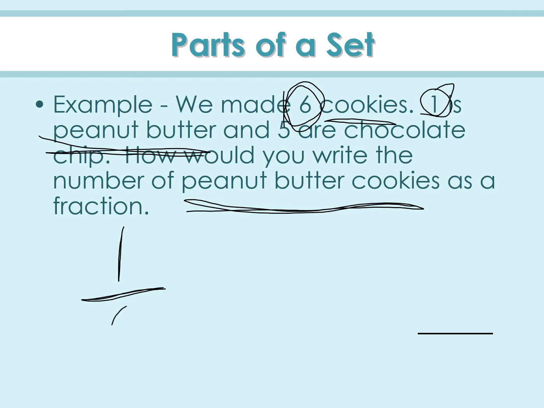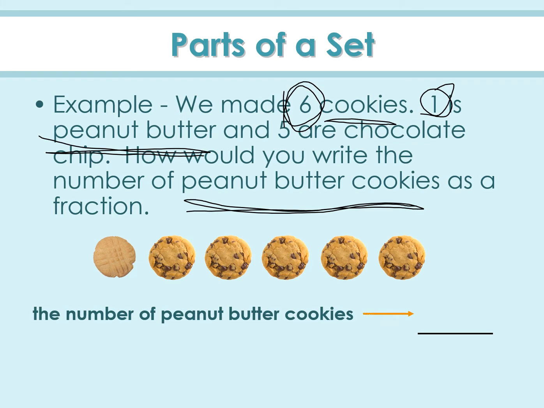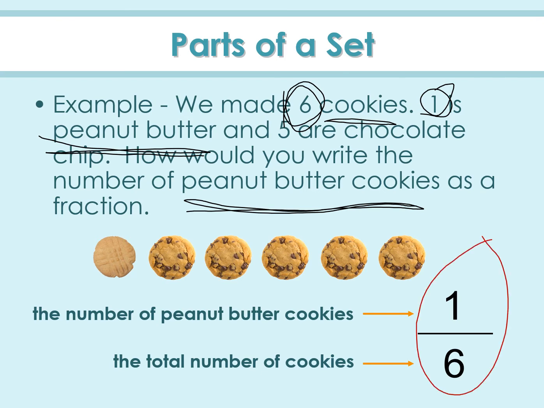And then 6 on the bottom of my fraction because 6 is the total number of cookies that I have. Let's see if we got the answer correct. There's 1 peanut butter and there's 5 chocolate chip. The number of peanut butter cookies would be 1. And the total number of cookies is 6. So good job. Our fraction should look like this, 1/6.